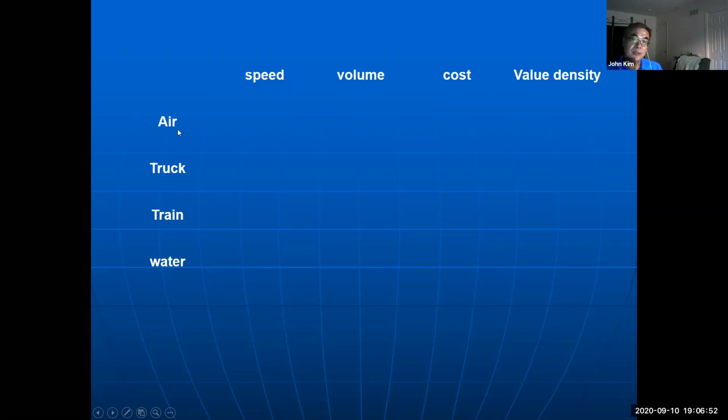Air side, speed is fast. Water side is slow. Volume, air side, usually small. And then water side, a big ship, usually large. And then cost, air side is expensive, and the water side is cheap.